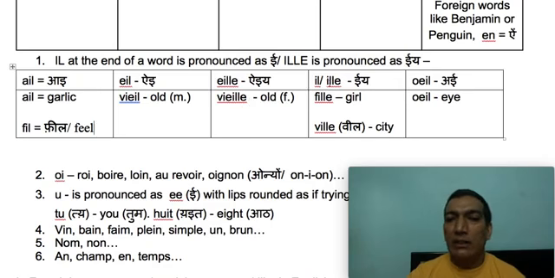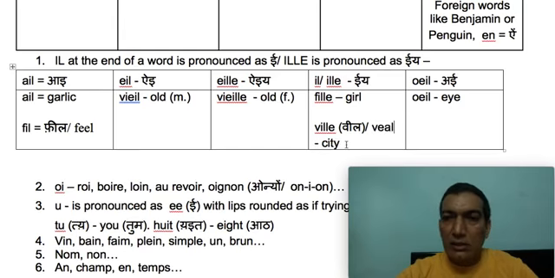Then il or I deux L E, I or ille. So fille, F I deux L E, which means girl. An exception here, which is written completely similar to fille, but it is pronounced as wheel. Okay.